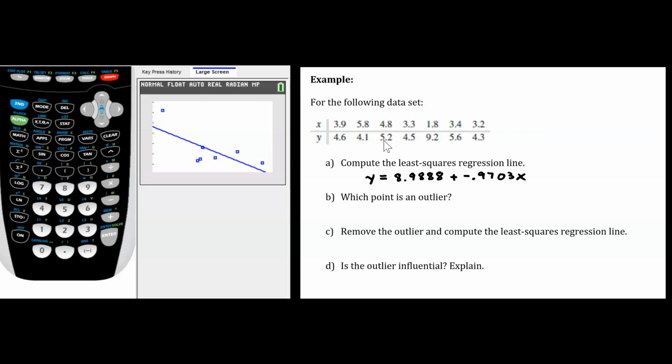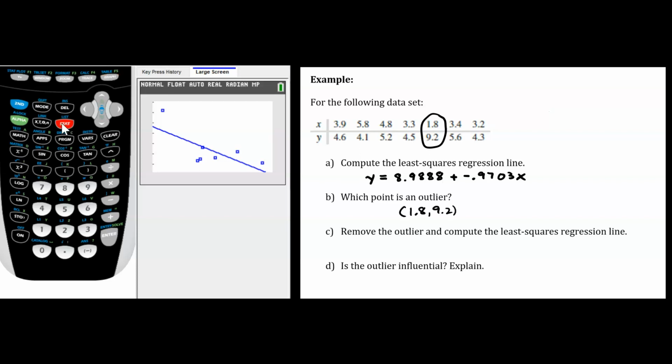With a quick glance, we can see that the ordered pair that really sticks out is this one right here, 1.8, 9.2. Remember that outliers are always ordered pairs, so it's an X and a Y that go together. Our outlier in this case is 1.8, 9.2.